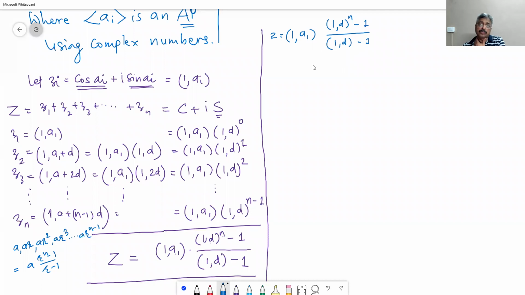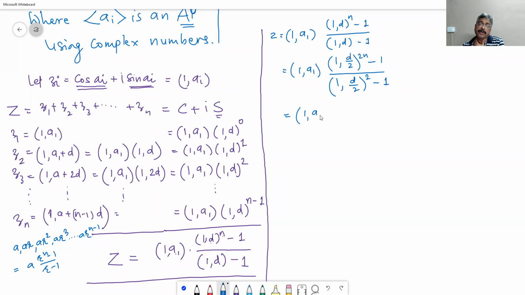Okay, so now look at the algebra. Z is equal to (1, a1). Now this part I am going to write as (1, d by 2) raised to 2n minus 1, divided by (1, d by 2) raised to 2 minus 1.